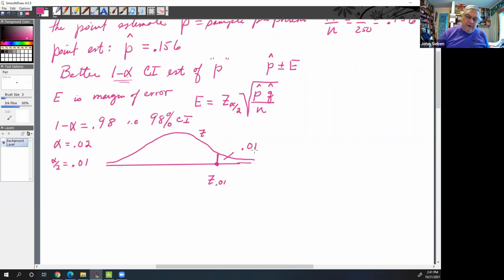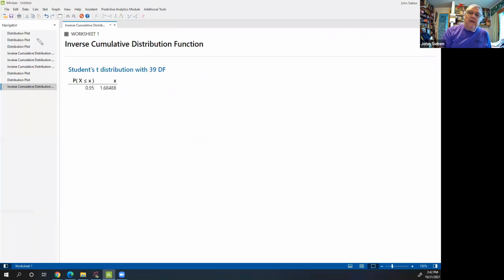Now, if it cuts an area of 0.01 in the upper tail, it cuts an area of 0.99 in the lower tail. And that would be a key to easily finding what this number is. We've done this so many times, but we can do it again.